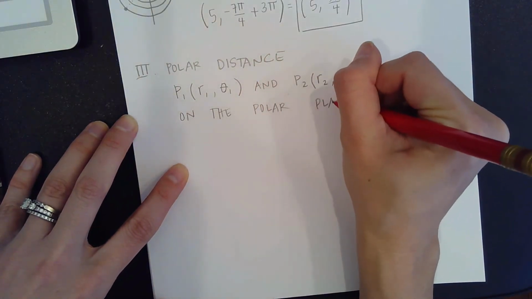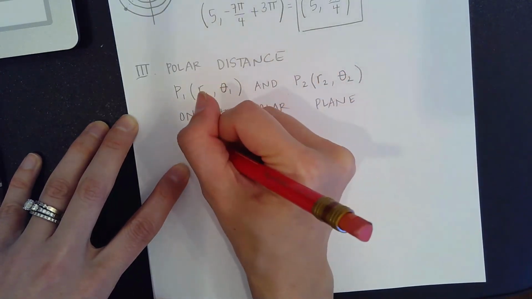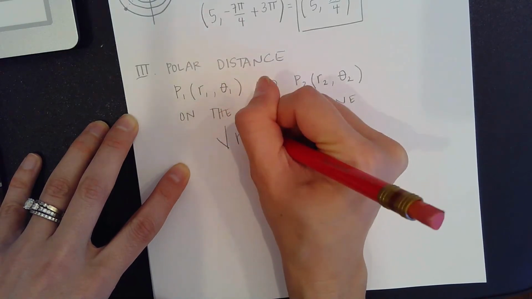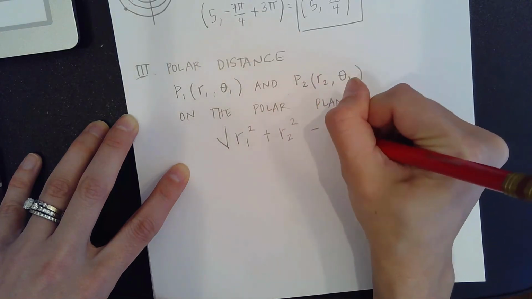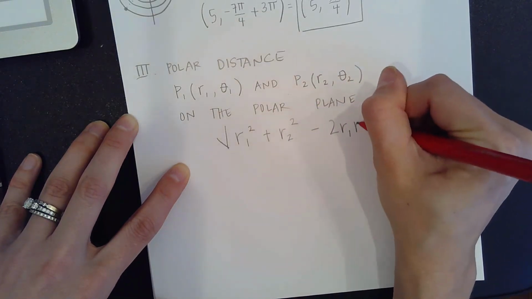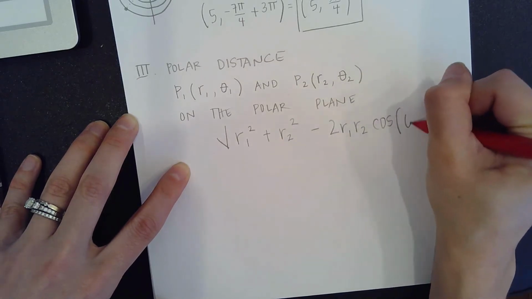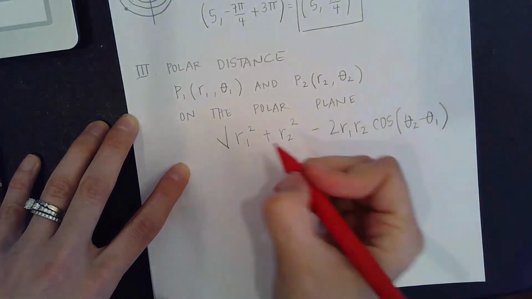Then the distance between the 2 points is going to be given by the square root of r sub 1 squared plus r sub 2 squared minus 2 times r sub 1 times r sub 2 times cosine of the angles subtracted from one another.